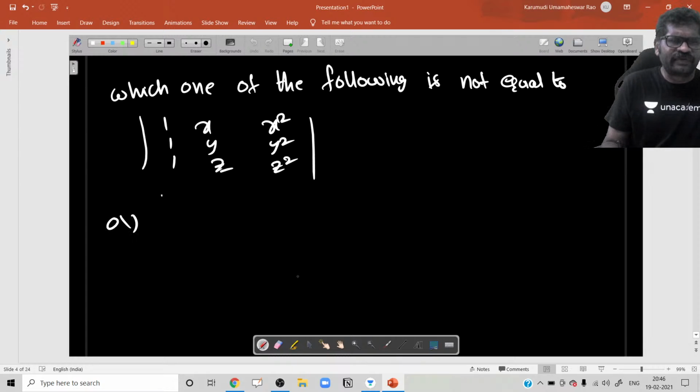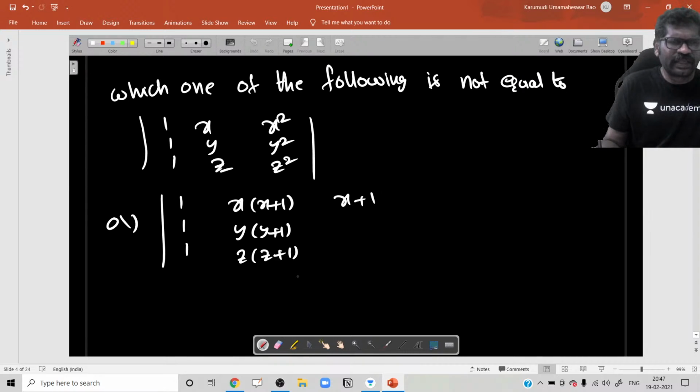First option: 1 1 1, x of x plus 1, y of y plus 1, z of z plus 1, x plus 1, y plus 1, z plus 1.